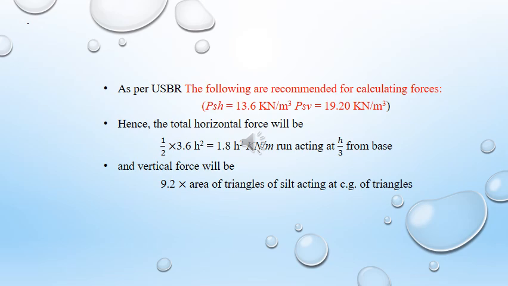Thus the total horizontal pressure will be 3.6 h square by 2, meaning 1.8 h square kilonewton, acting at small h by 3 from the base. The vertical pressure will be 9.2 into the area of the triangle of silt multiplied by 1 meter, because we consider a 1 meter length of the dam, and this acts at the CG of the triangle. These pressures are in addition to the usual pressures.